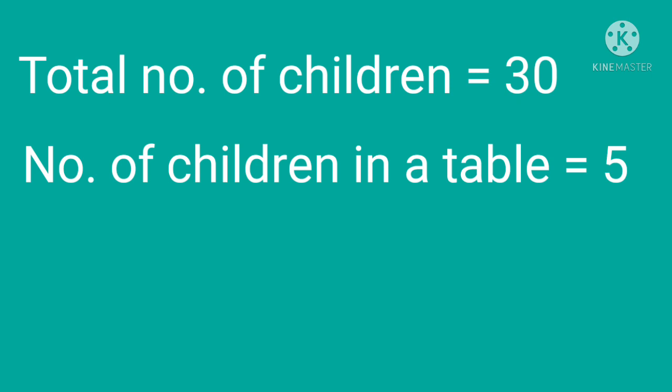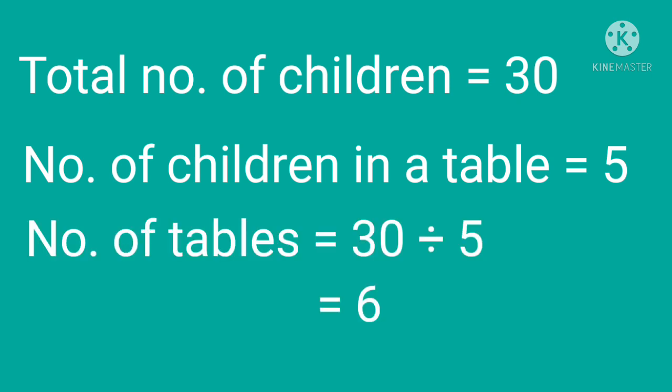So in one table, how many children are there? 5 children. Okay. Now what we have to find? How many tables are there in the class? So how will we find this, children? Yes, by dividing 30 by 5. So number of tables equal to 30 divided by 5, and it equals 6.